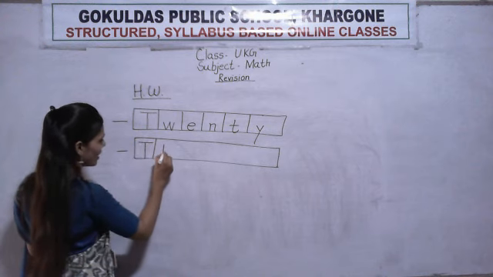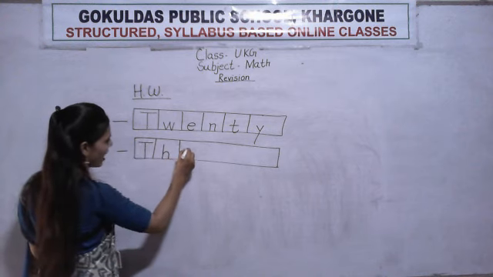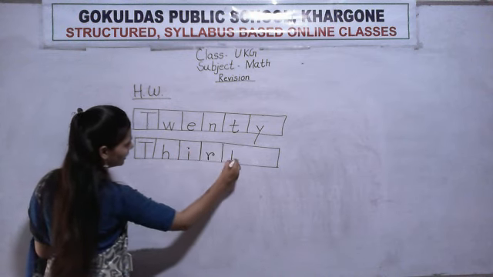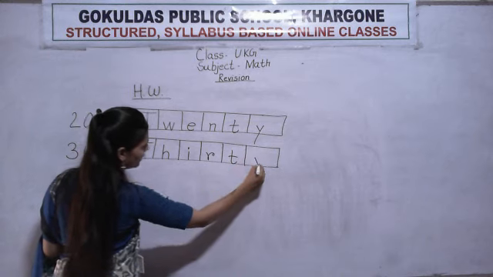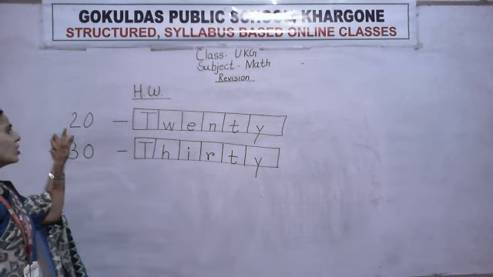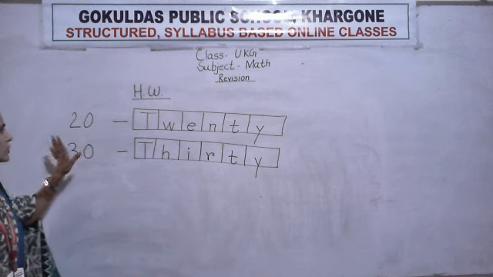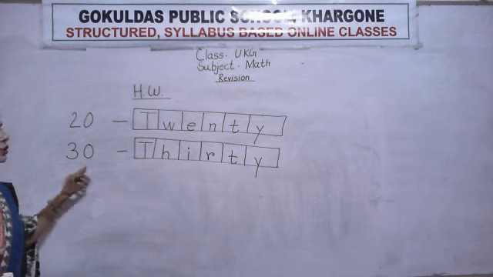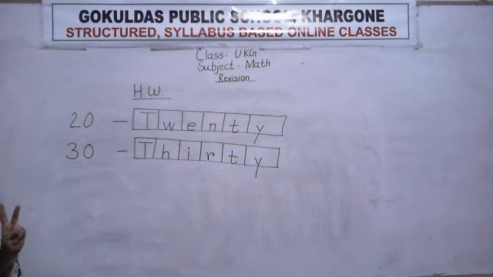T H I R T Y. Okay, so one page spelling of 20, one page spelling of 30. So you write 2-page homework.